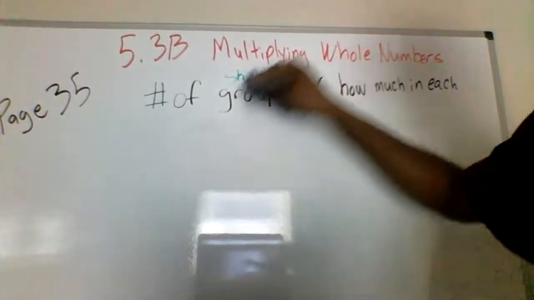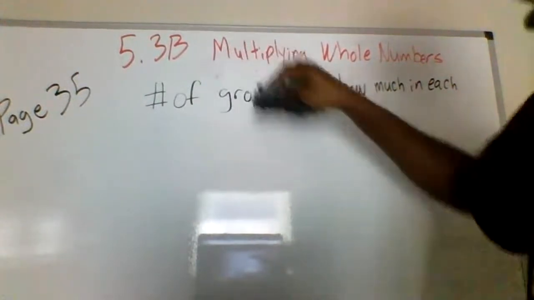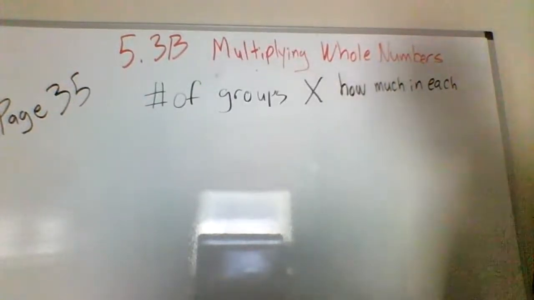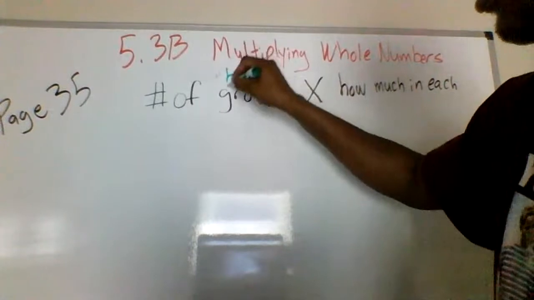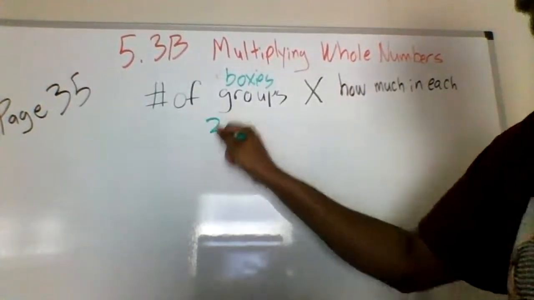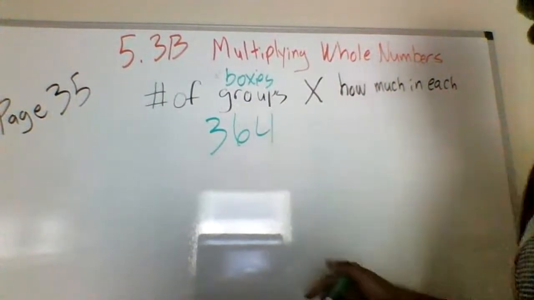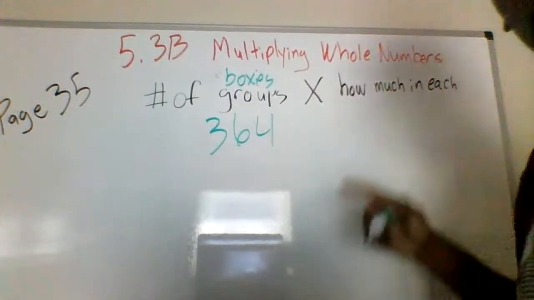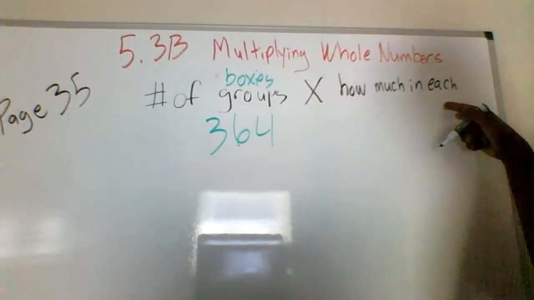So my new problem, the number of groups, the word is boxes. So my number of boxes is 364. And then it says there's 12 pounds in each box.